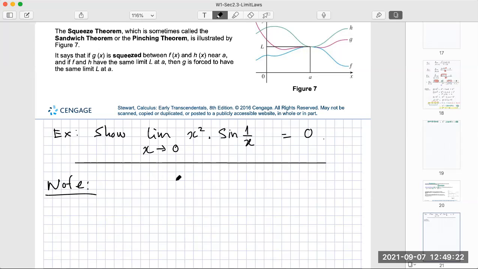And so, at x equal to 0, what is sine of 1 over x here? Very good. It's undefined at 0. So we have to somehow get rid of this guy, right? Anything else about the function sine here?